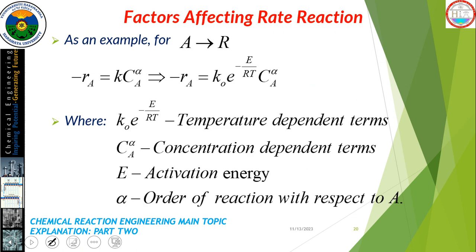So as an example, let us see. For example, A gives us R, a single reactant into a single product.